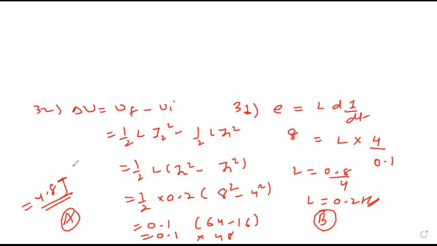Once you are done, please say so that I can start with next sum. Sum number 33. 100 millihenry, that means 100 into 10 raised to minus 3 Henry, carries current of 1 ampere.